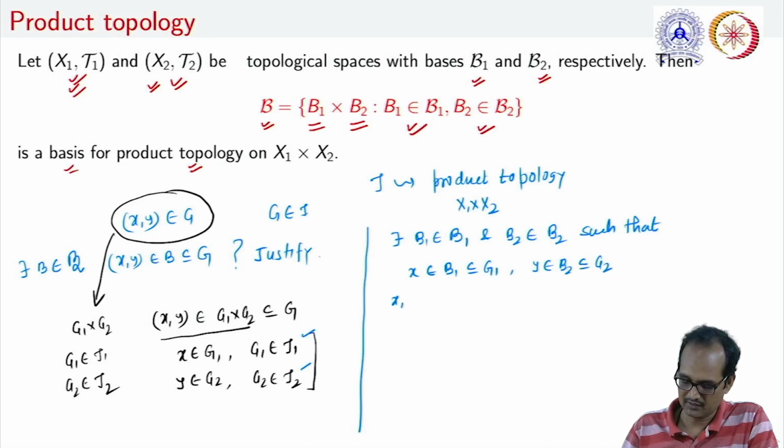Or we can say that xy belongs to B1 cross B2, which is a subset of G1 cross G2. But note, what is G1 cross G2? That itself is a subset of G.